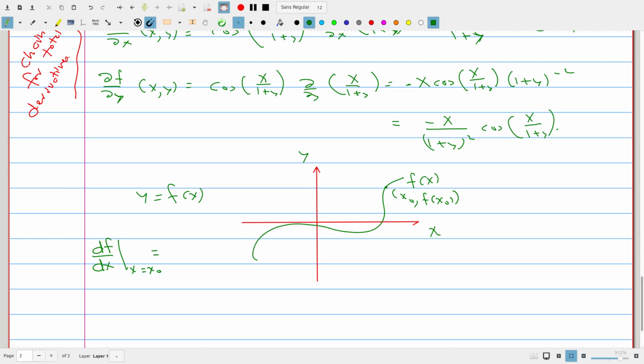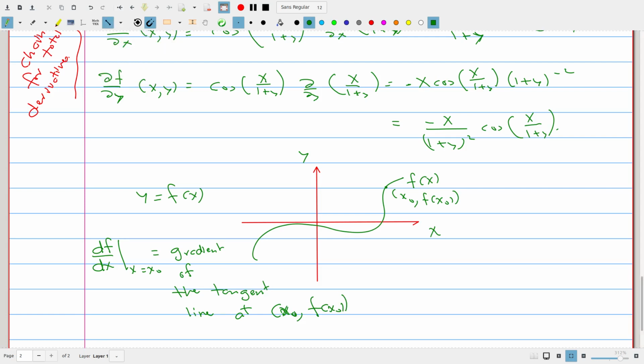Well, this tells you the gradient of the tangent line at x naught, f of x naught.